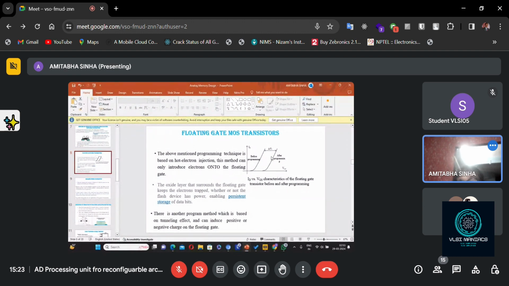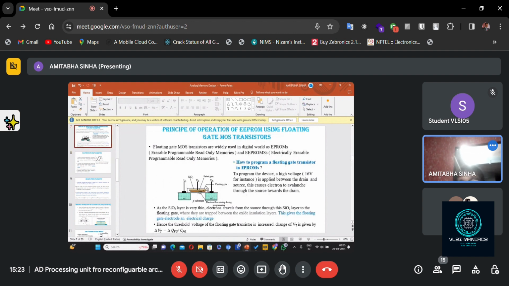That means somehow we can say that it is a kind of reconfigurable transistor. By charging it, you are configuring it to a different VT. Okay, your threshold voltage has been increased. Now, as long as you are not disturbing it, this charge will be trapped over there.